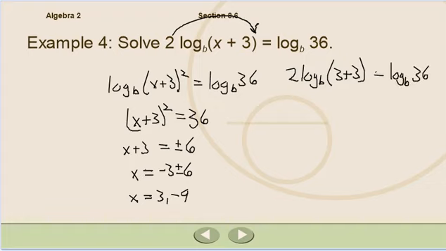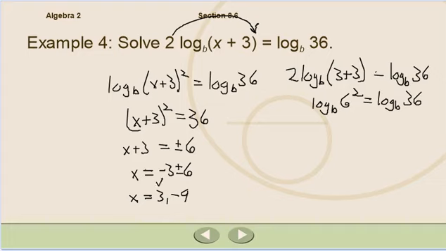Well, this is a 6, and if we put the 2 up there, that would be squared, so we would have log base b of 6 squared equals the log base b of 36. And 6 squared does equal 36, so that works.